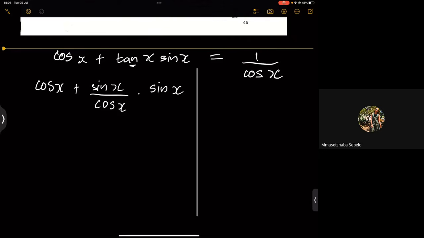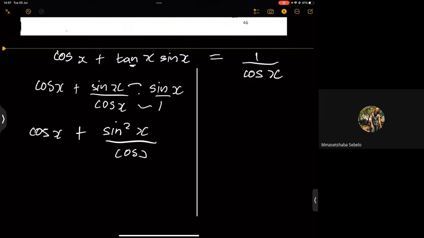Now let's work with what we have there. So we've got cos of x plus, and remember sine is the same as sine over 1. We are multiplying fractions, so numerator to numerator, denominator to denominator. So this is going to be sine squared of x over cos of x. Remember, cos x times 1 will simply become cos of x.